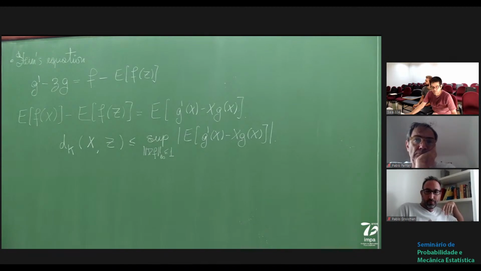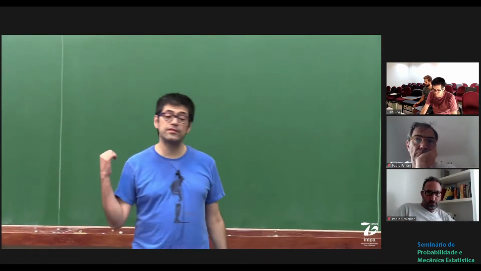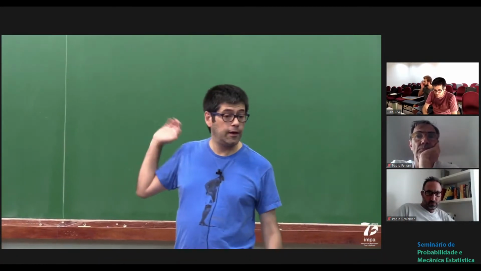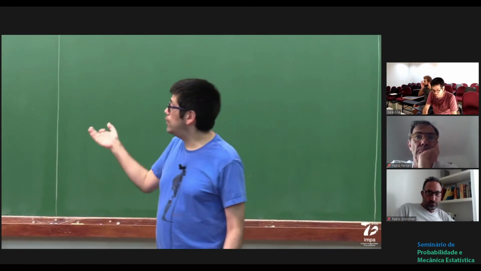So it's probably very different from the way you've seen convergence proofs of the central limit theorem. You can actually prove the central limit theorem with the rate of convergence using this scheme.